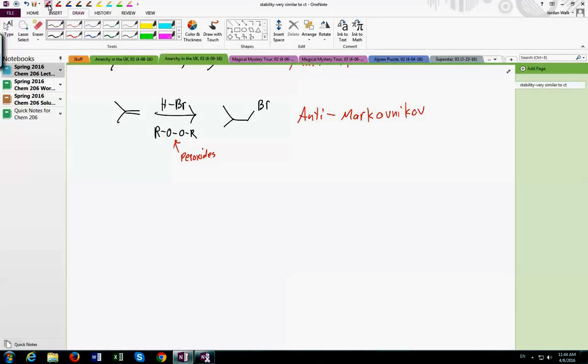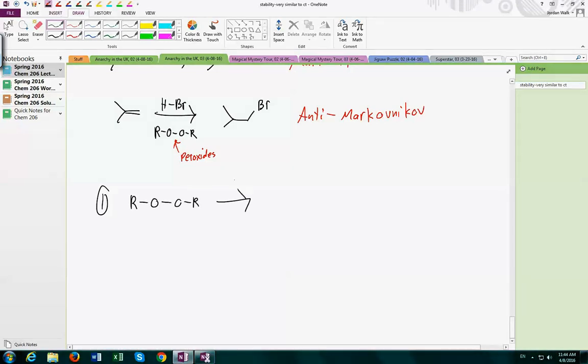So first off, our initiation of our radicals is going to come from the reactivity of the peroxide. So essentially, we're going to hit our peroxides with some light. And so in effect, what we see is the generation of 2 oxygen radicals. And so from there, in our propagation step, our oxygen radical will then react.